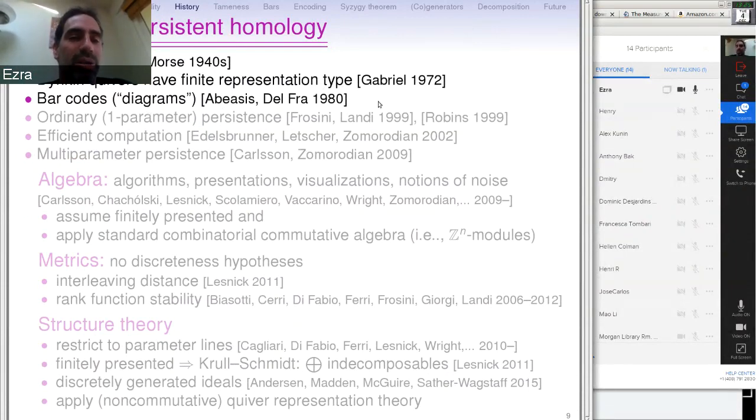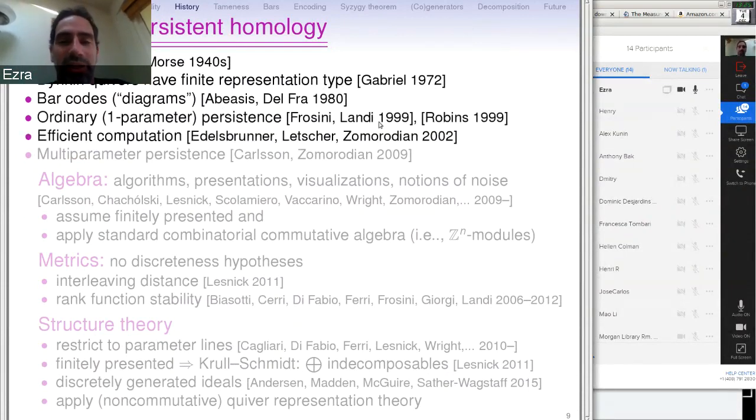Ordinary one-parameter persistence in the topological sense was made precise in these two papers in 1999. One of them is really persistent homotopy, but close enough. Then efficient computation started to be introduced in 2002, and multiparameter persistence was introduced in 2009.